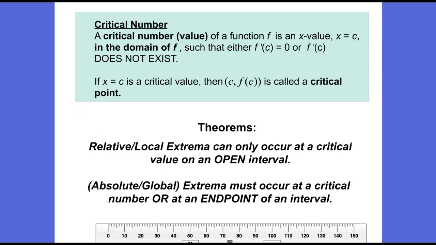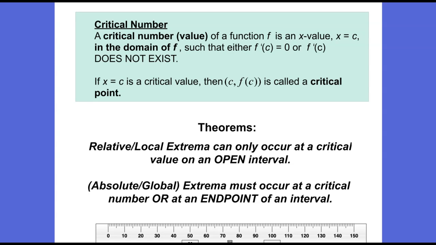A critical number or critical value of a function f is an x value, x equals c, in the domain of f such that either f prime of c is equal to 0, the slope of the tangent line is horizontal, or f prime of c does not exist or is undefined. In other words, the slope of the tangent line is vertical.